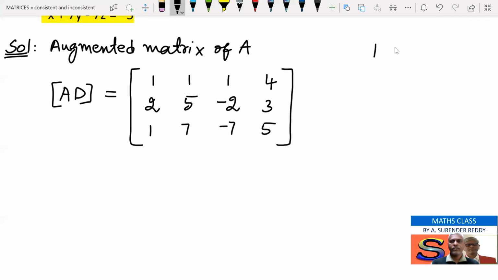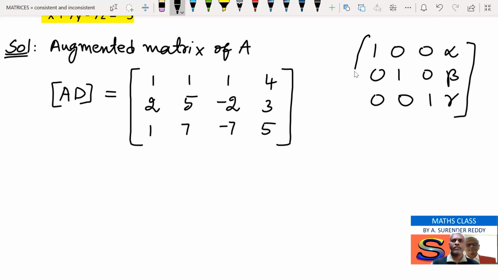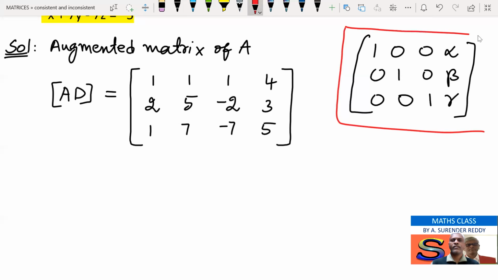We try to reduce this matrix to the form 1, 0, 0, alpha; 0, 1, 0, beta; 0, 0, 1, gamma, where this alpha, beta, gamma will be the solution for this system of equations.